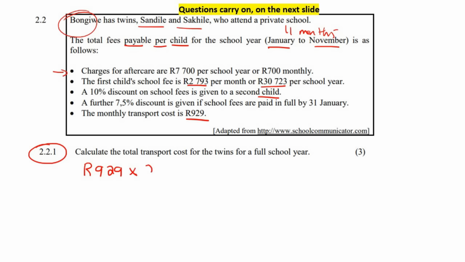She has 2 children, okay? Now that's going to be for 1 month. But there are 11 months because this is per month, but we want 11 months, so you'd multiply that answer by 11. And if you had to do all this, you should get 20,438 Rand. Okay? That is what the transport cost would be for the twins for the whole year.